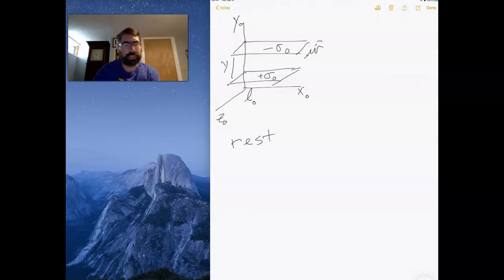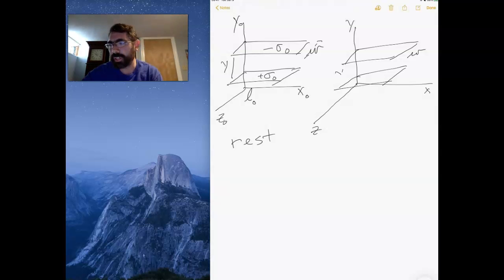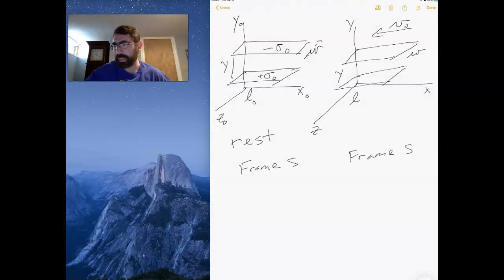If we now look at this in a frame that is moving, where this is still the width W and still has a height of Y, but since the frame is now moving with a velocity v0 relative to the one at rest, the length of it now is L. You can think of this as frame S, and this is frame S bar, where S bar is now moving with respect to S.